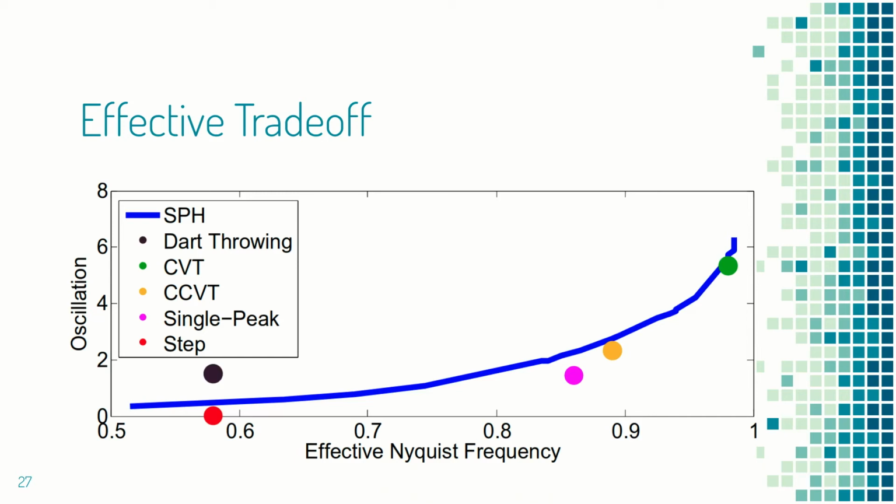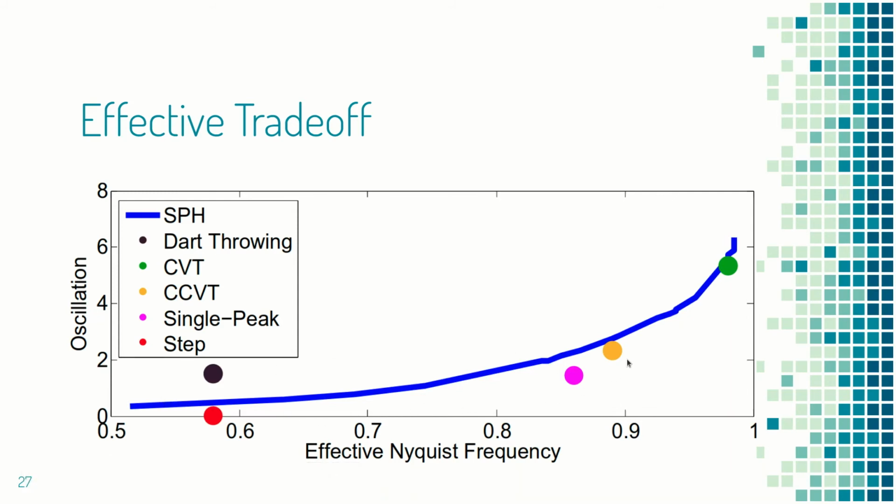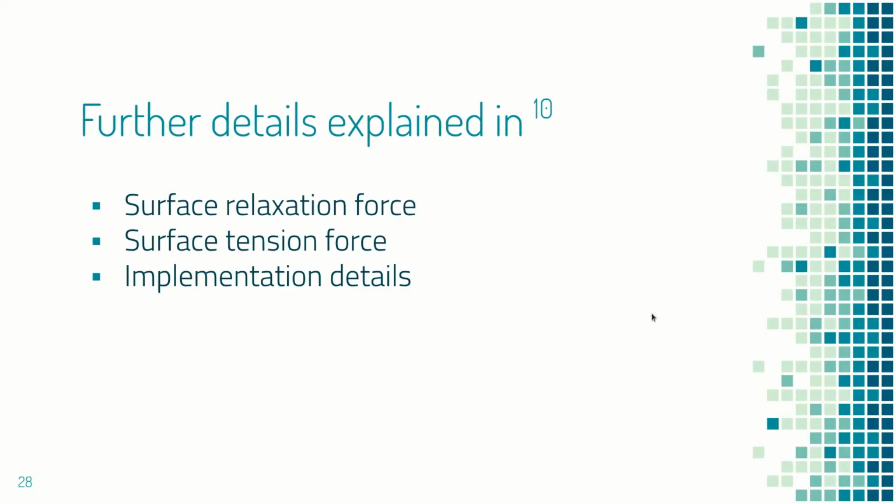You can't really get perfect performance on both of them at the same time. And what we can show is that the SPH solution kind of fits neatly between previously published results. So that's a nice thing to have because it means we can generate blue noise profiles from anywhere in between this family.